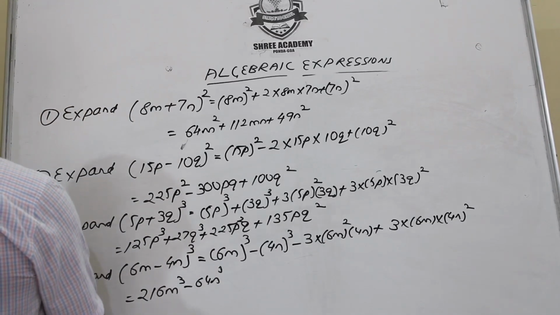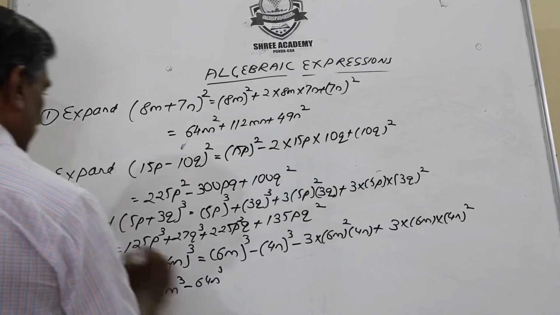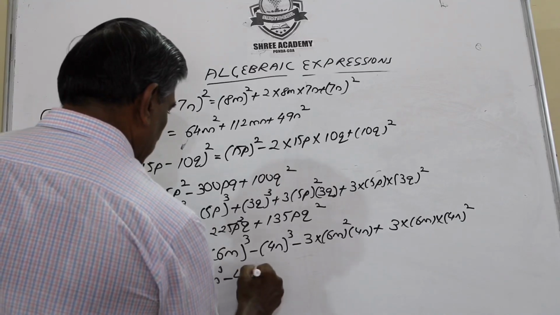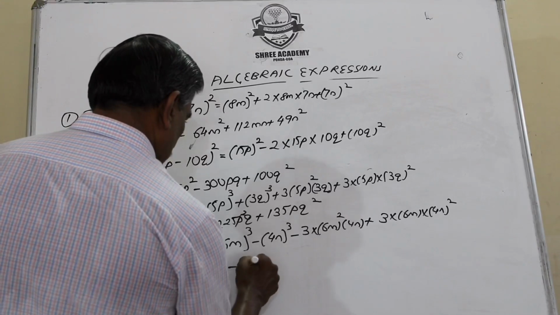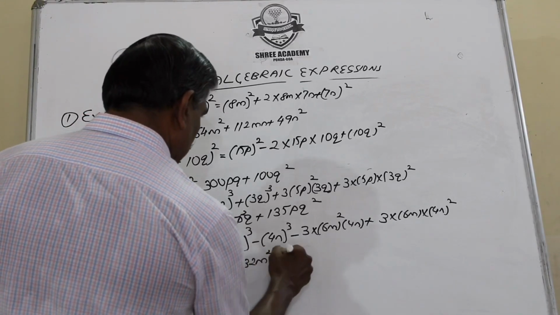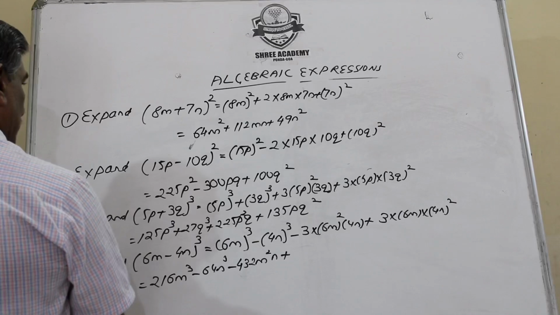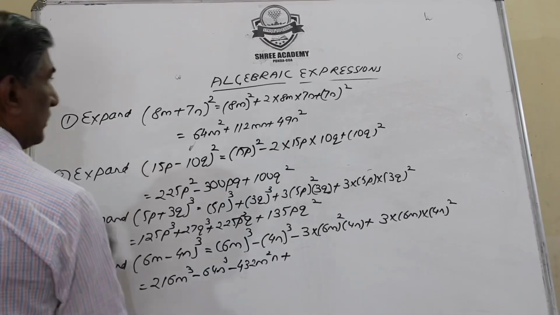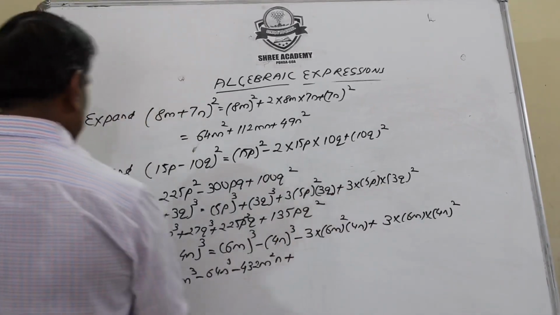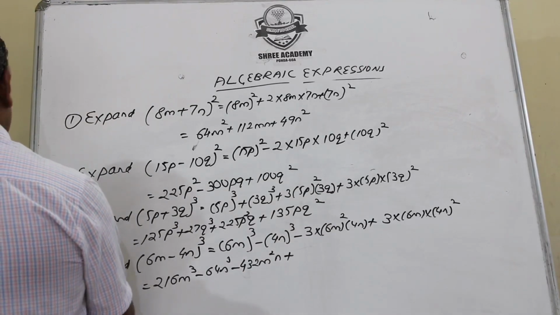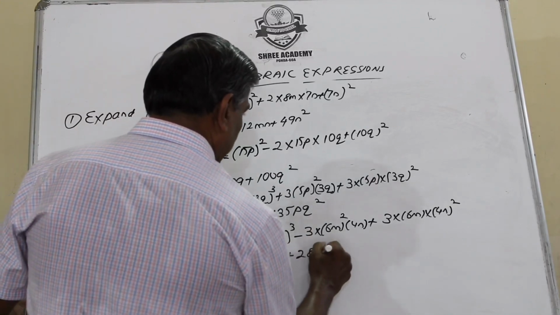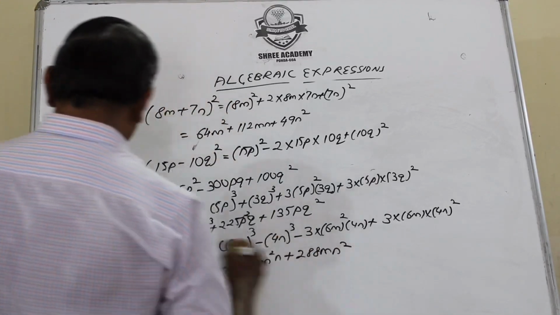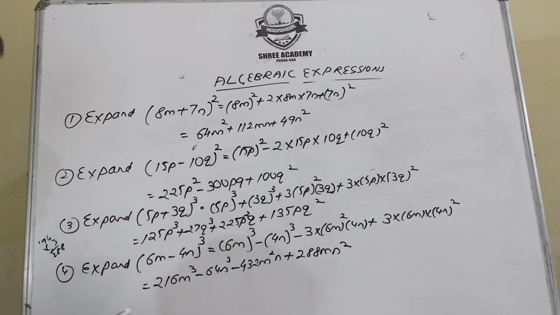So 36 into 12, this is 72, 12 threes are 36, 432. So this is minus 432 m square n plus, that is, 4 square is 16, 16 sixes are 96, 96 into 3, this is 288, plus 288 m n square. So this is how we expand.